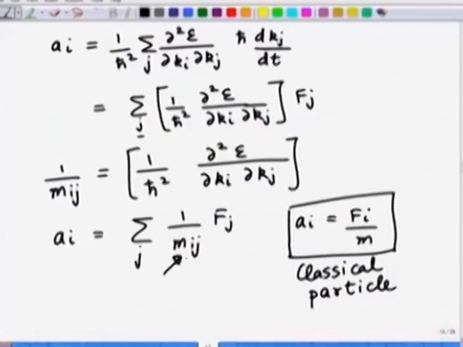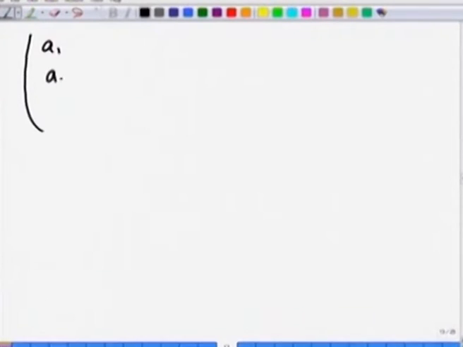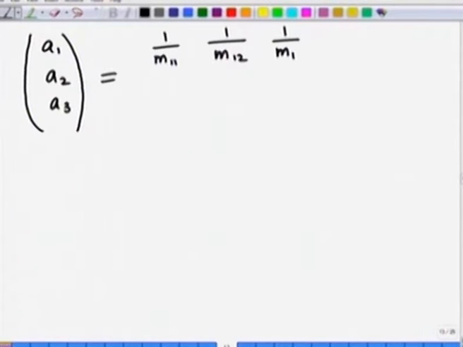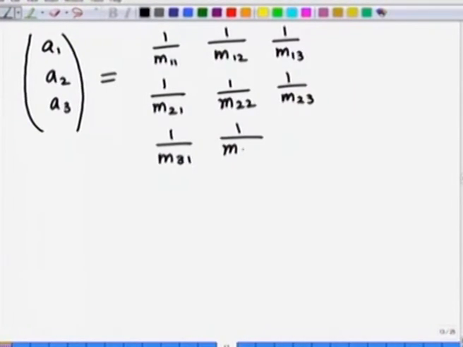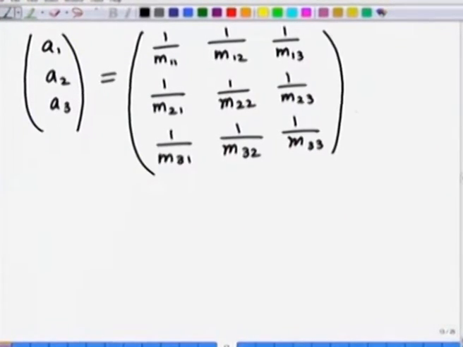So, essentially, I have a1, a2, a3, the 3 components, equal to the matrix of 1 over M11, 1 over M12, 1 over M13, 1 over M21, 1 over M22, 1 over M23, 1 over M31, 1 over M32, 1 over M33, times F1, F2, F3.